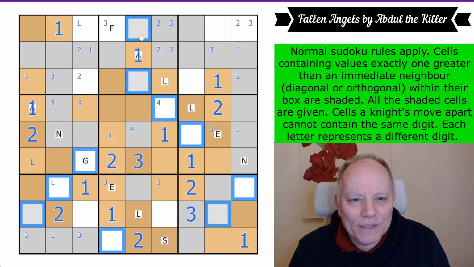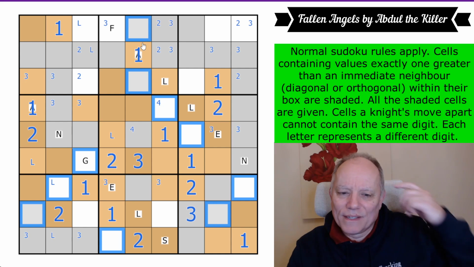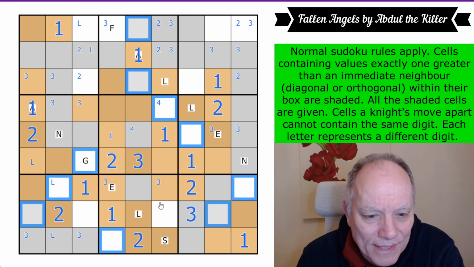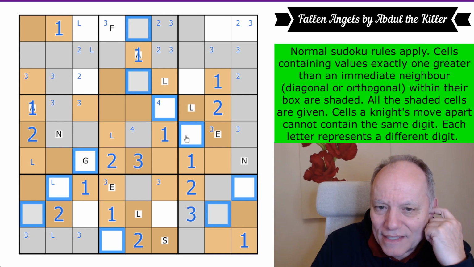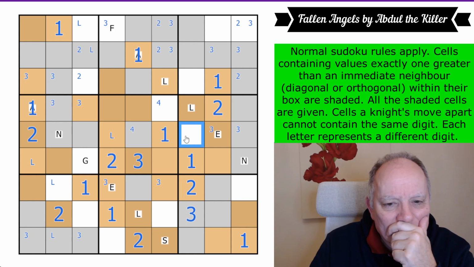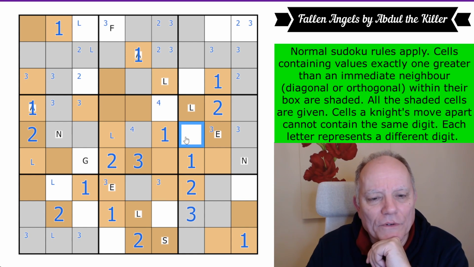And one of those two, it still just works. Does it? Yeah, it does. Okay, so maybe that is 4.